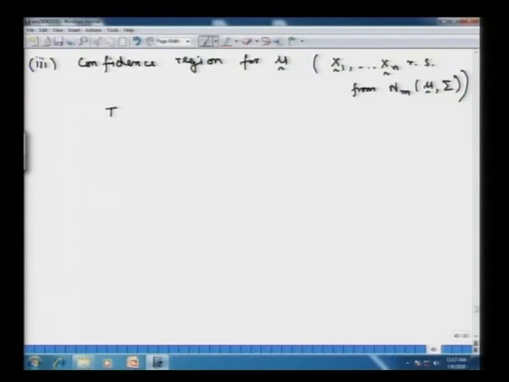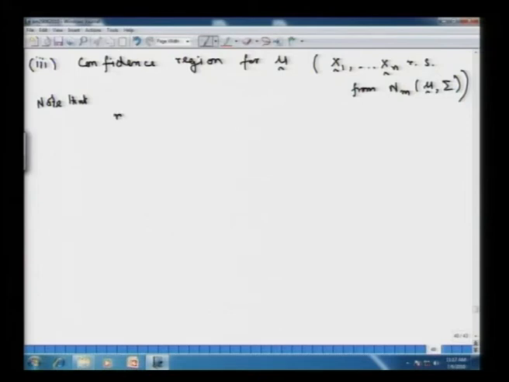We know that this t square by degrees of freedom n minus 1, times n minus m by m, follows an F distribution. I will just write the full form of it so that it becomes easy to frame the confidence region.